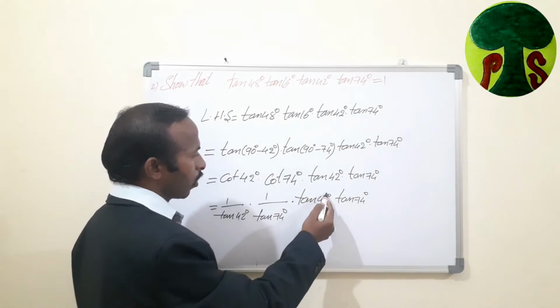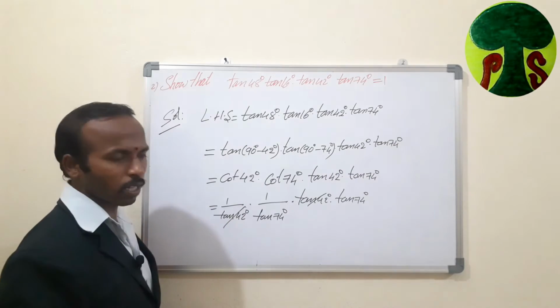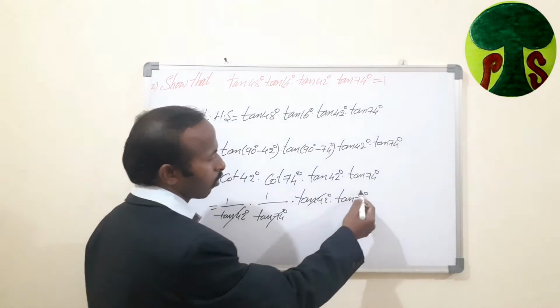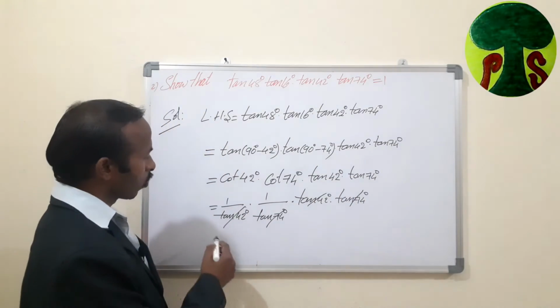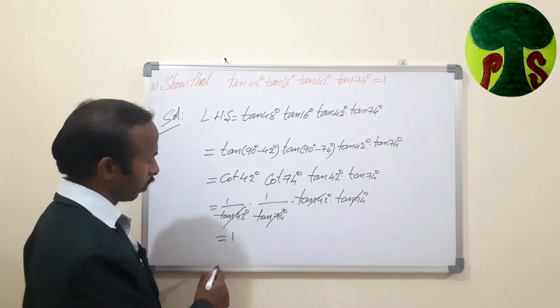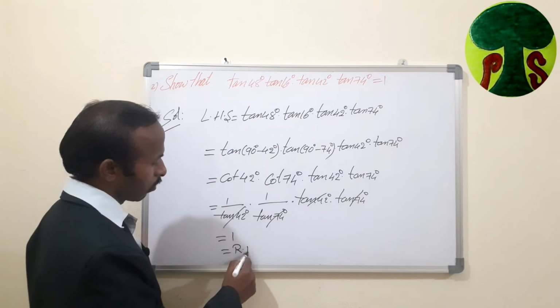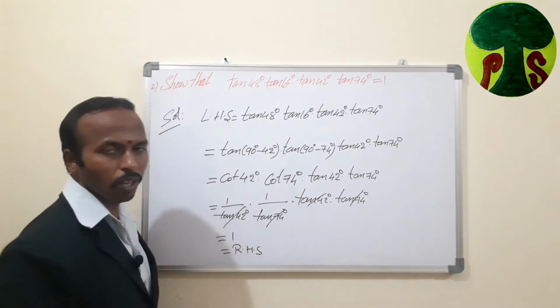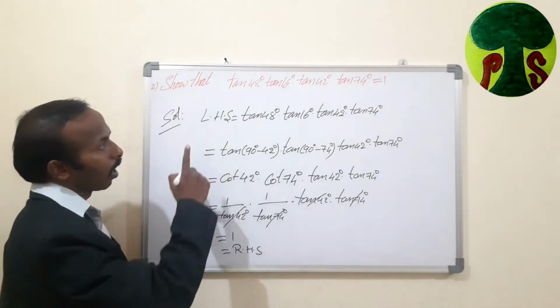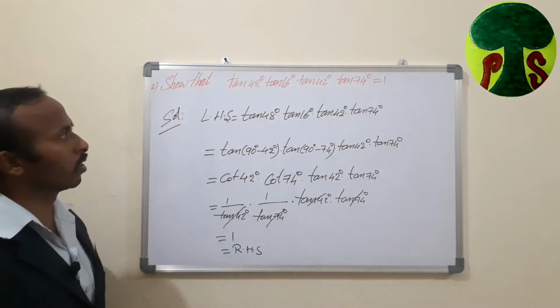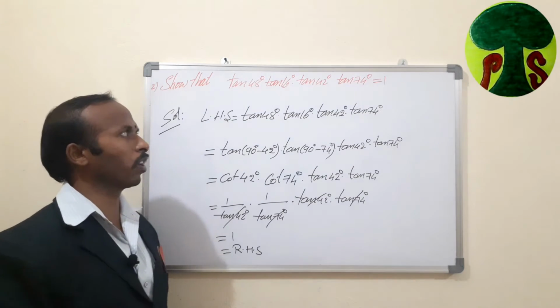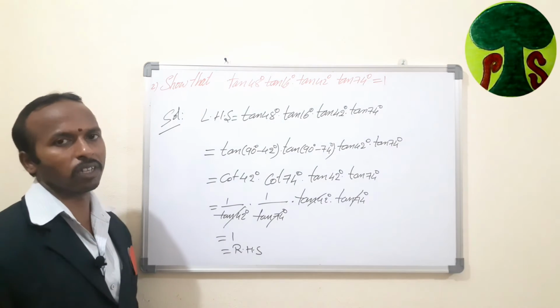Now here tan 42 degrees get cancelled, tan 74 get cancelled, so LHS equals 1, equal to RHS. Therefore tan 48 degrees into tan 16 degrees into tan 42 degrees into tan 74 degrees equal to 1.